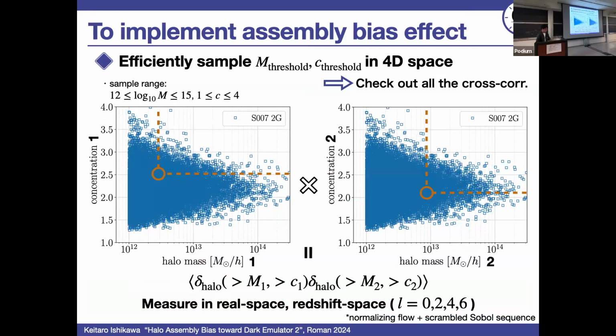To reconstruct optimal mass and concentration values, we sample mass and concentration thresholds in 4D space due to cross correlations. We can get point estimated values from these thresholds. We also measure not only real space, but also redshift space, l equals 0, 2, 4, 6, to reproduce the 2D correlations.